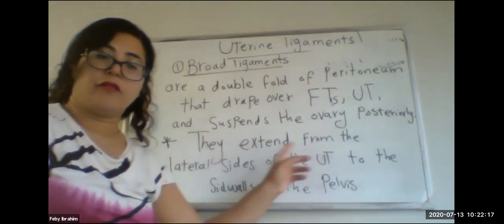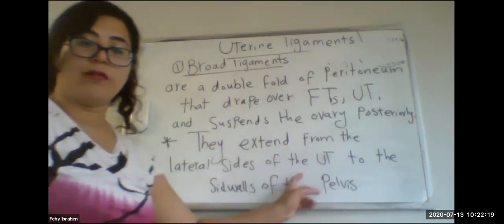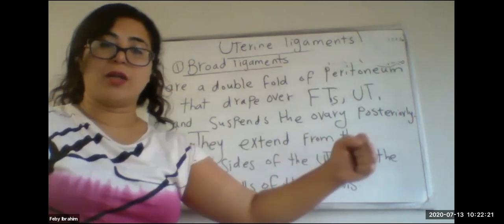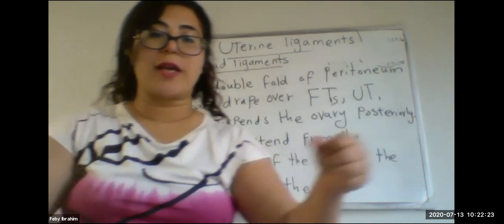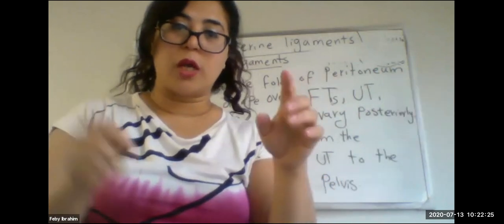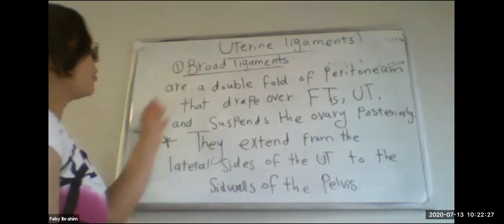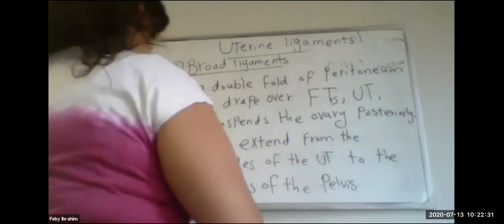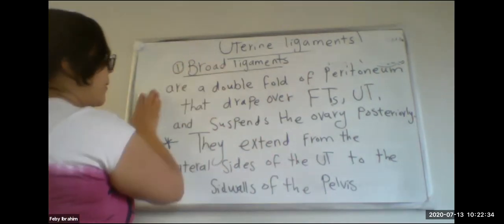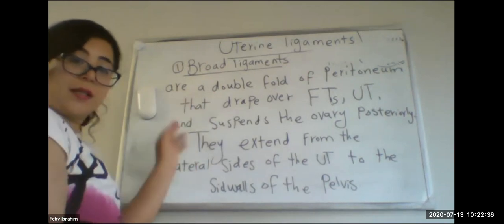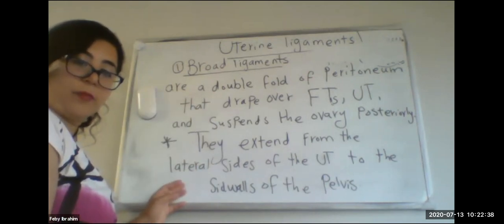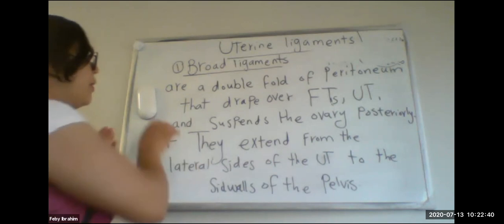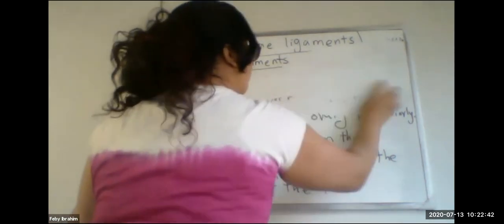They extend from the lateral sides of the uterus to the side wall of the pelvis, so it gives lateral support. So this is for the broad ligaments. Let me draw the broad ligaments for you. This is the information you want to write down. Let me show it to you.